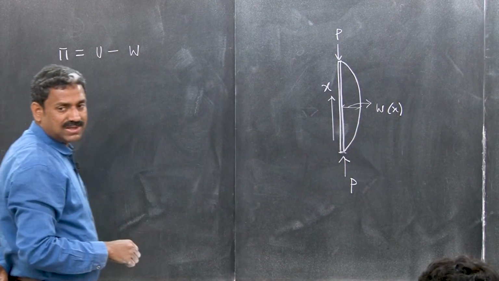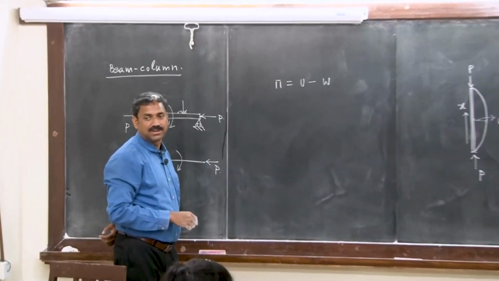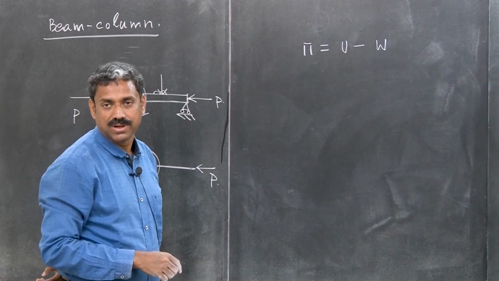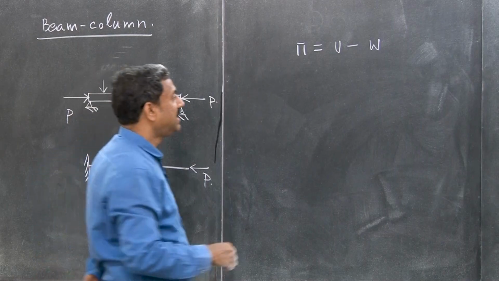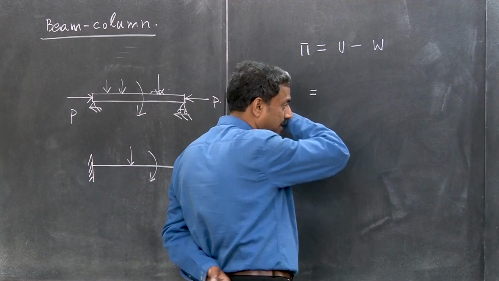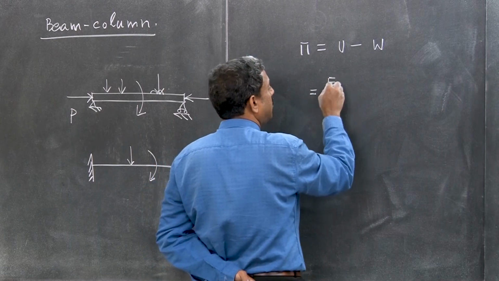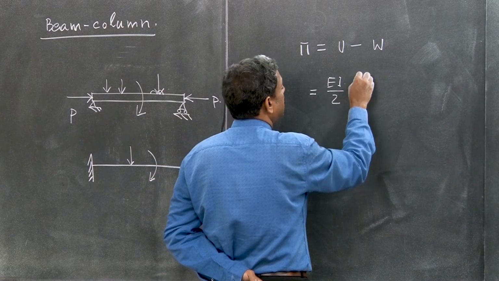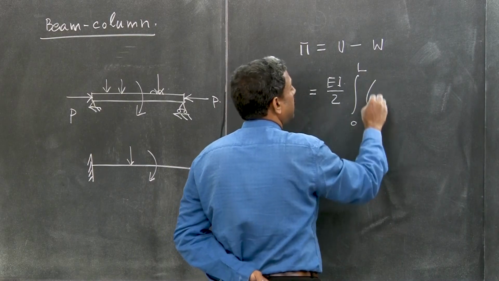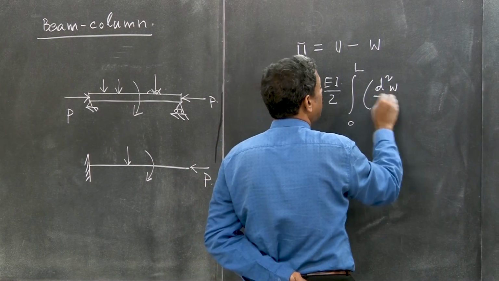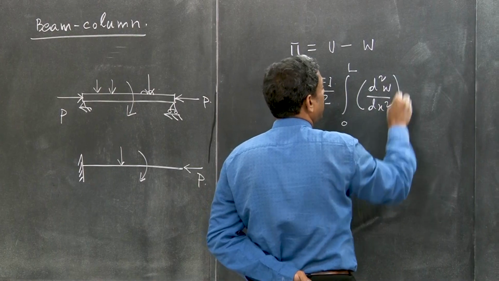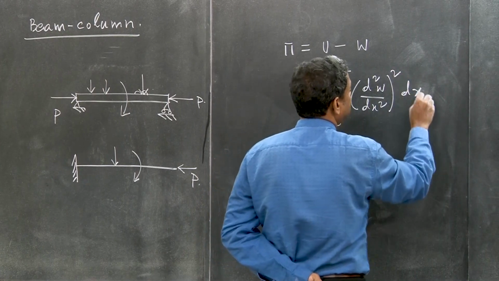Now, what is the strain energy? It is how the beam resists load when it is going through out of plane bending. Let us express everything in terms of w. You have learned that the bending strain energy is EI by 2 times the integral from 0 to L of (d2w/dx2) squared. How does this come?